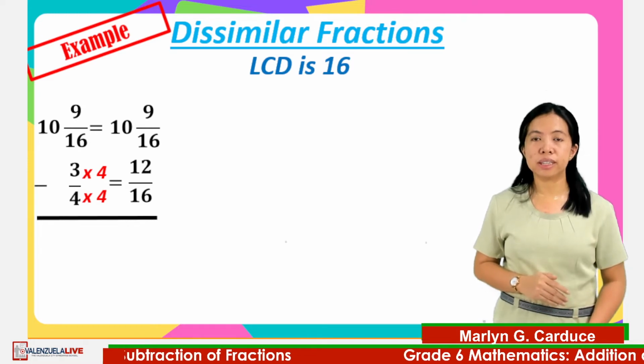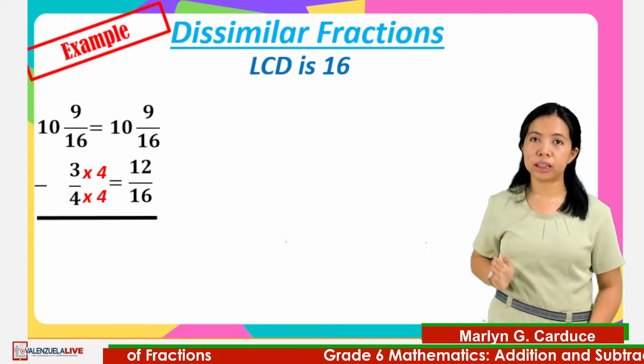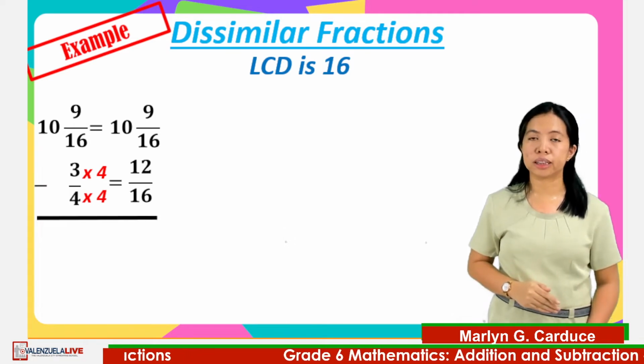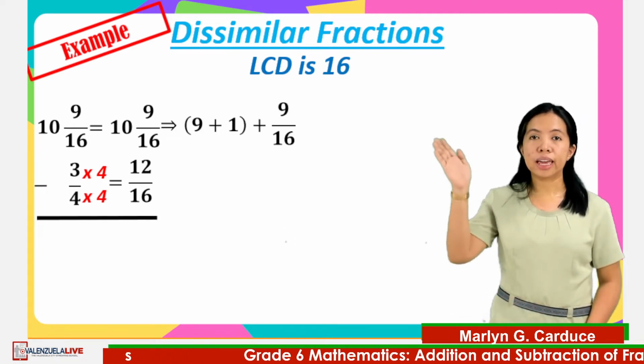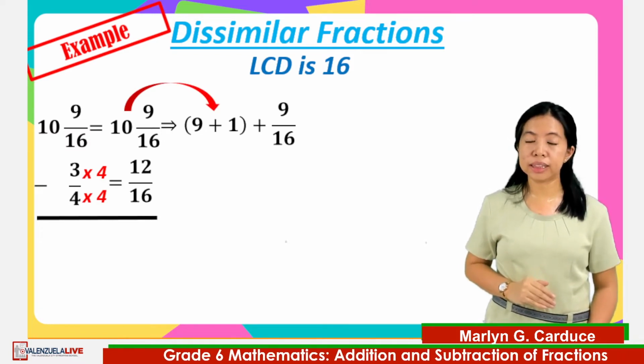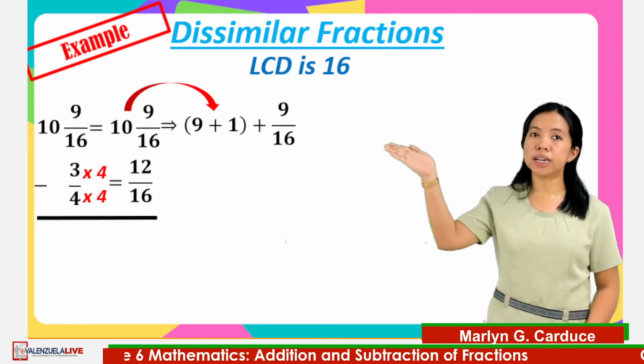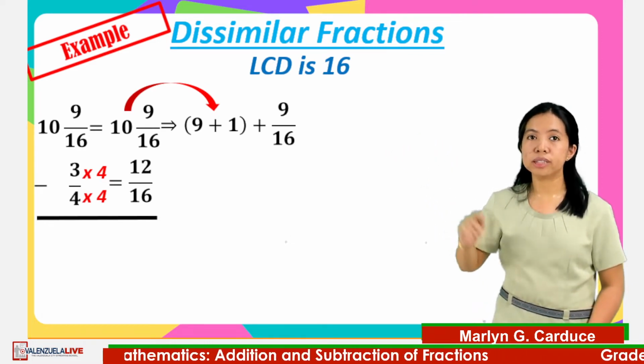So to answer this, we will regroup our minuend, which is 10 and 9 over 16. The whole number part will be broken down into 9 and 1. So it will become 9 plus 1 plus 9 over 16.